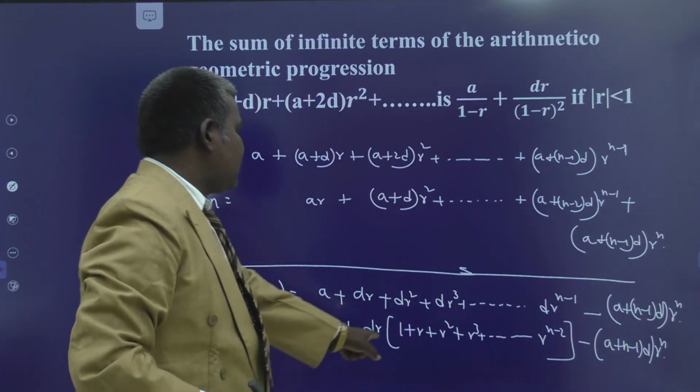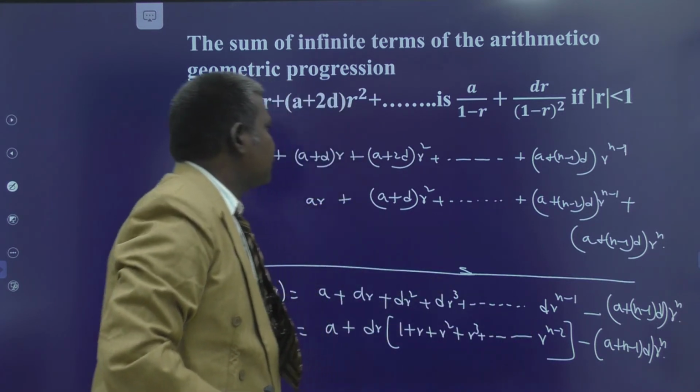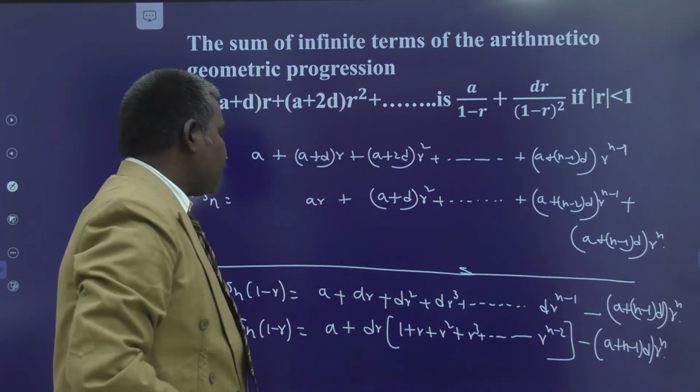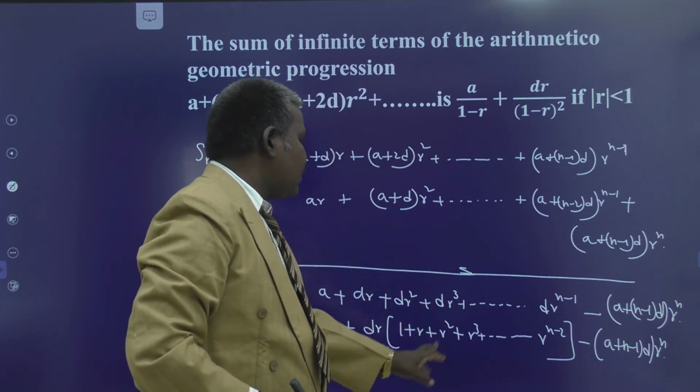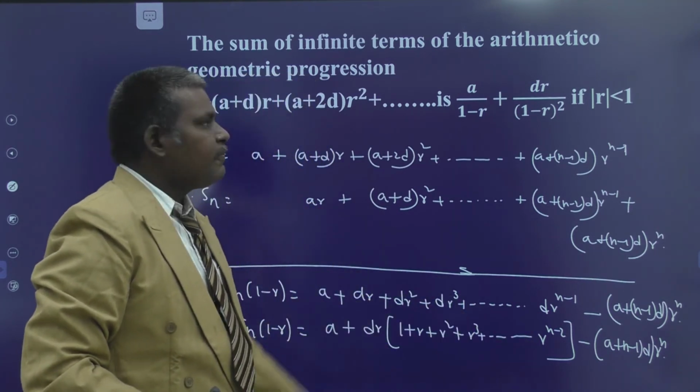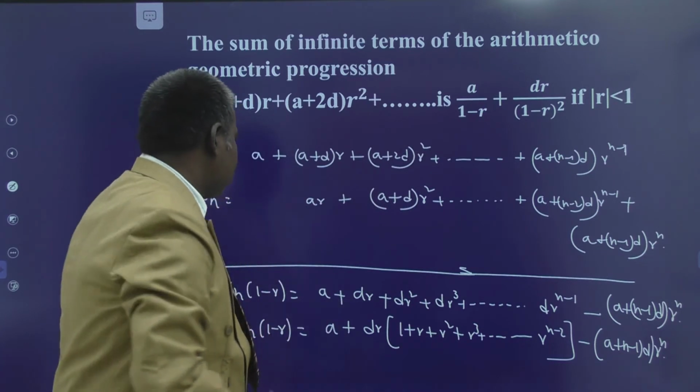Understand? Now see here, this is a geometric progression of n minus 1 terms with first term 1 and common ratio R, where we are taking mod R less than 1.